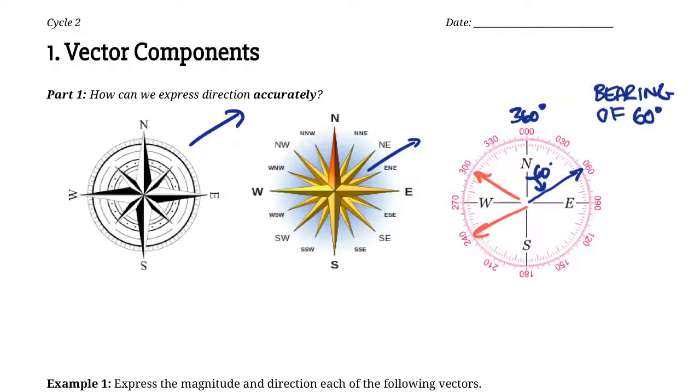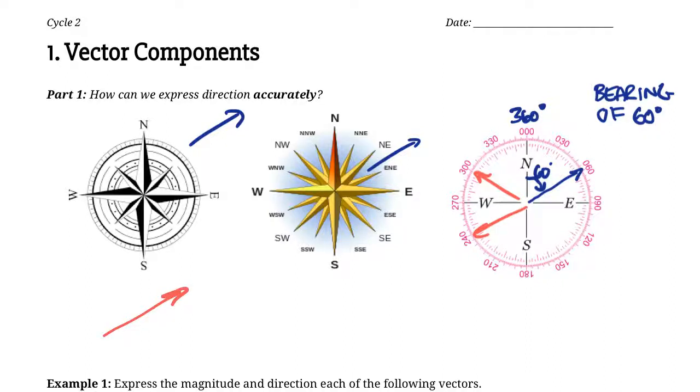In this course, though, we're going to use a slight modification on that to make it a little bit easier to visualize. Because if I'm picturing 310 degrees, it's a little bit tricky in my head to see exactly where that is. So instead, we use this over here as our reference: north, south, east, west. Say we want to describe something going in this direction.